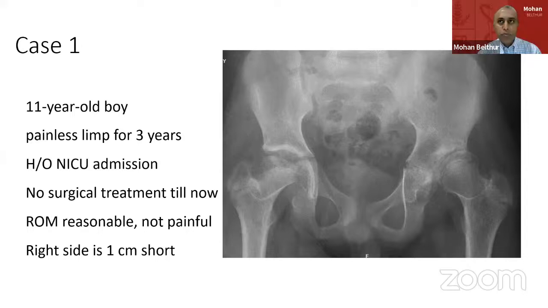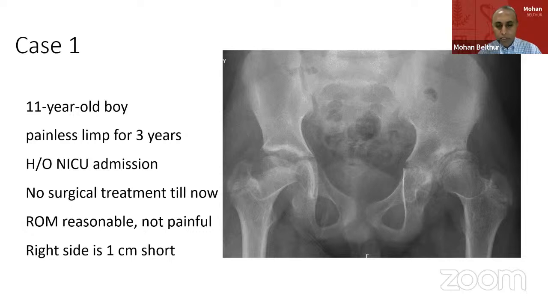Sagging rope sign is a radiologic sign that indicates that the femoral head is asymmetric, not just in one plane, but in the sagittal plane as well. It helps you in understanding that because you're looking at a two-dimensional X-ray and trying to make a decision on a three-dimensional structure. So it's very important for you to understand the geometry of the femoral head.